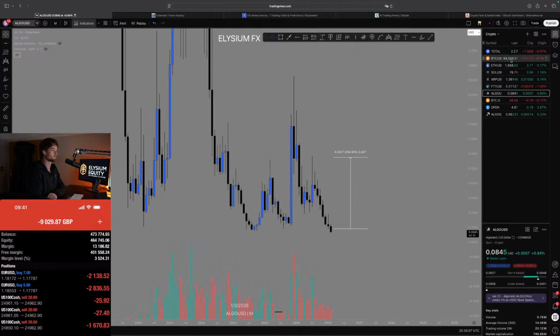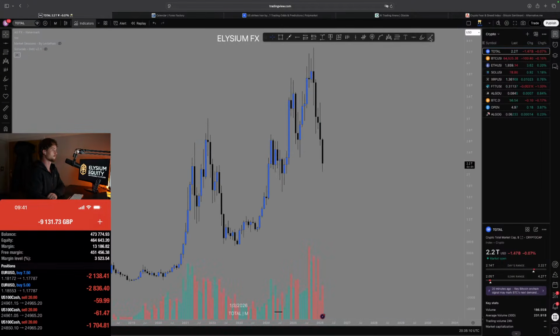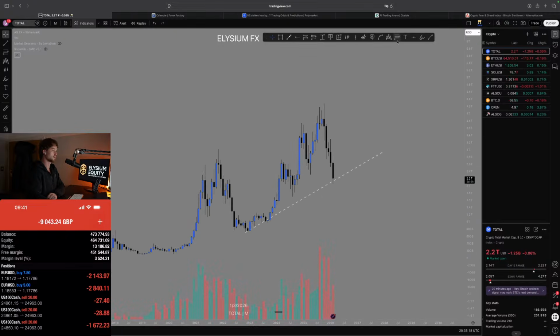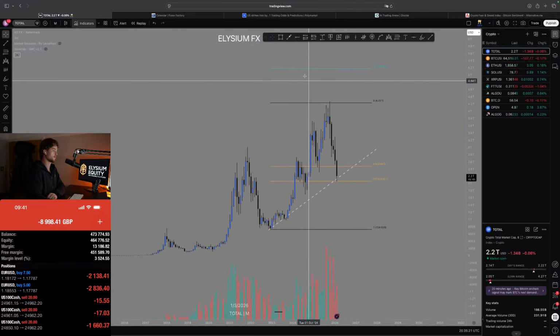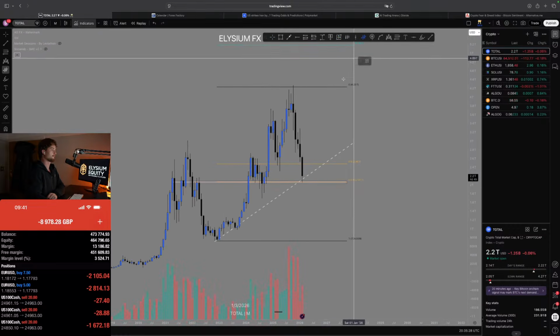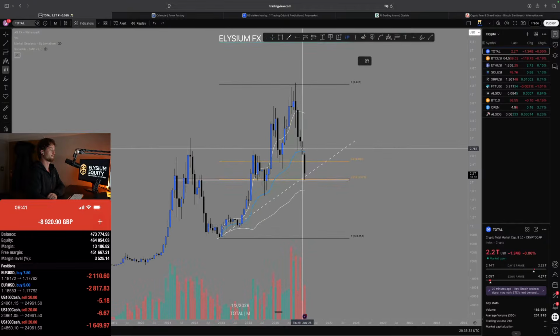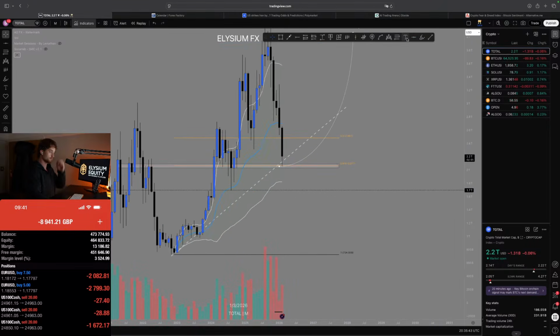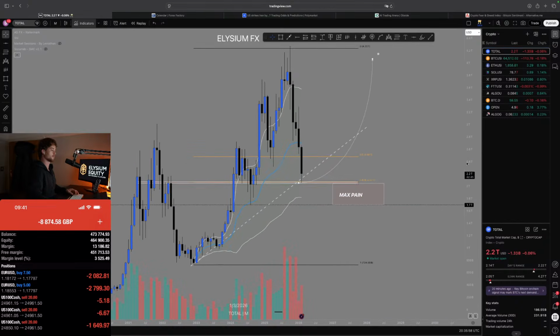Total market cap here for crypto. 1.7 trillion. There you go. That's the predictions.